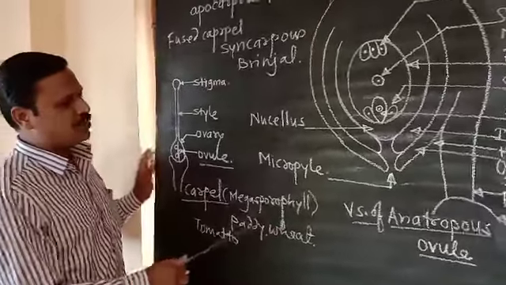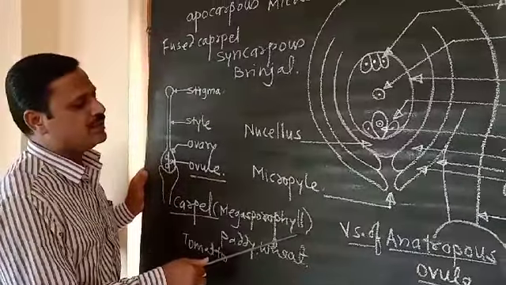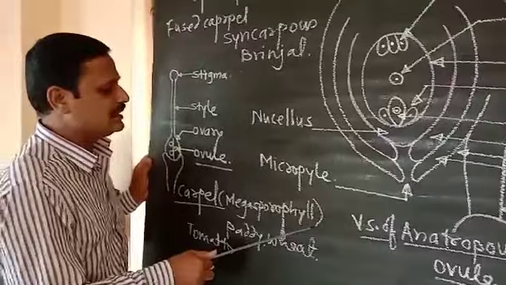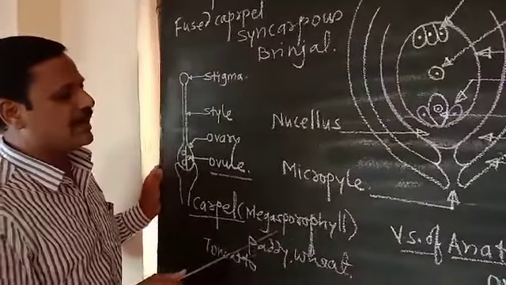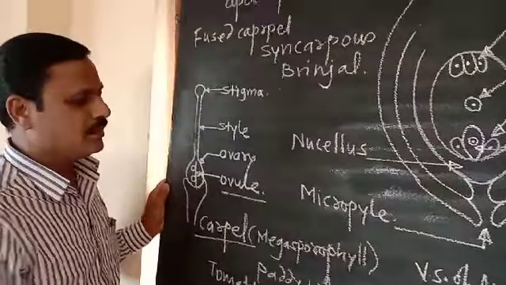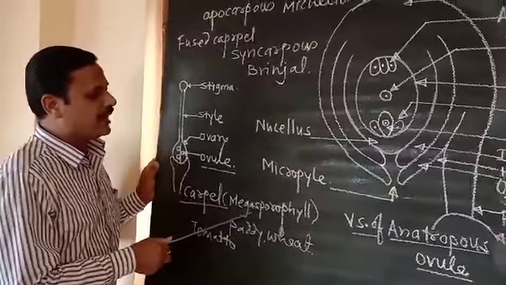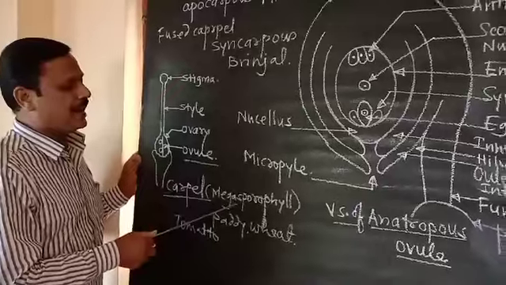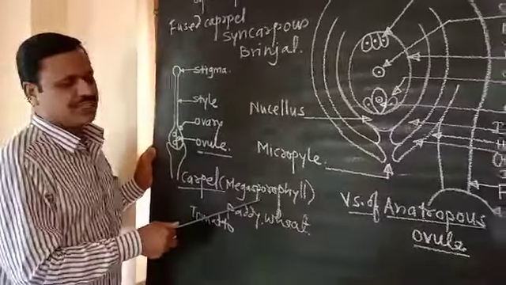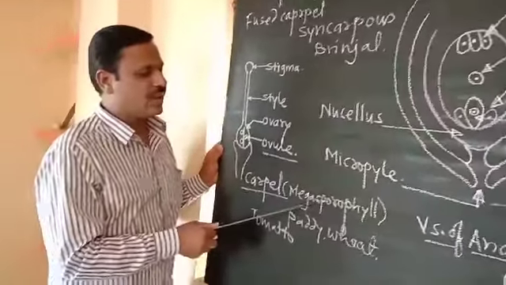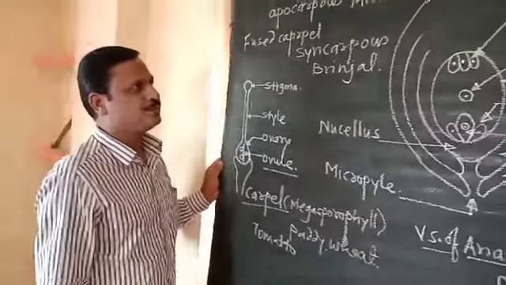The structure looks like a phyll, that means a leaf, containing the female gamete or female reproductive structure, and hence it is called megasporophyll.